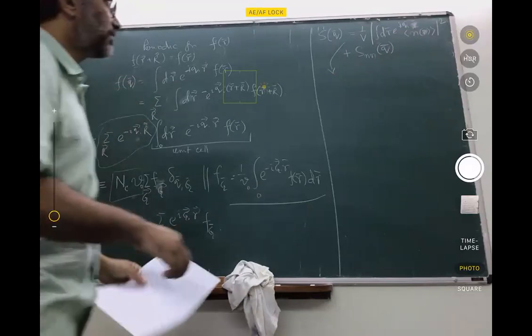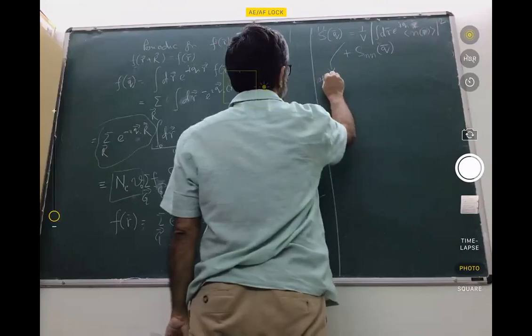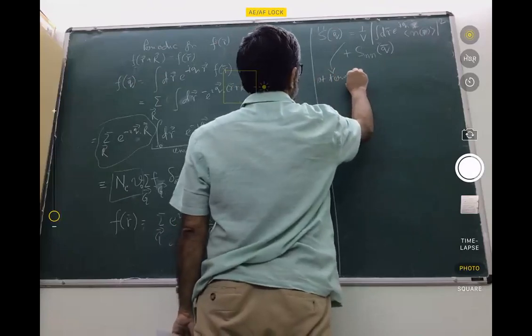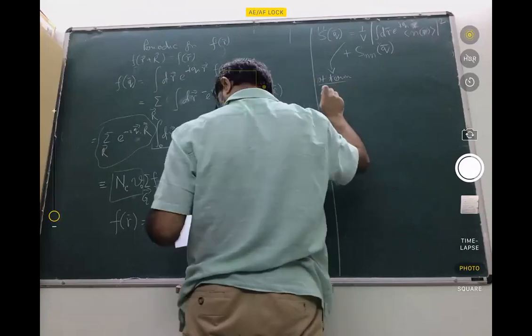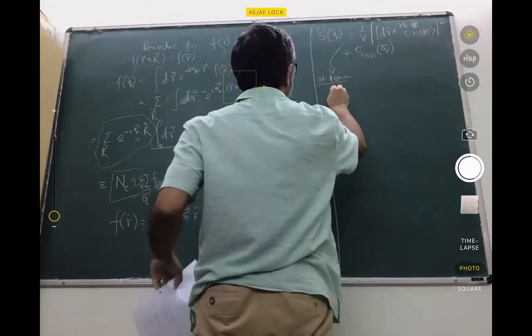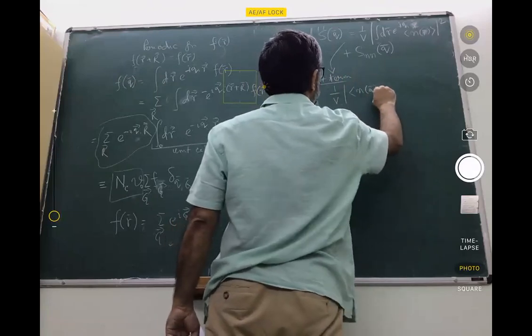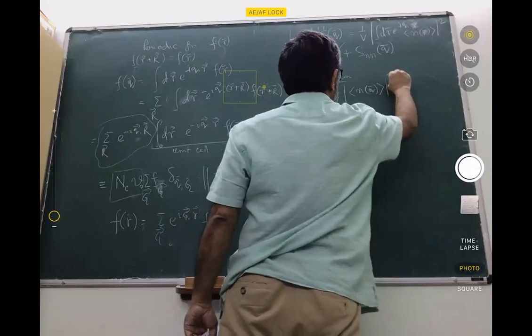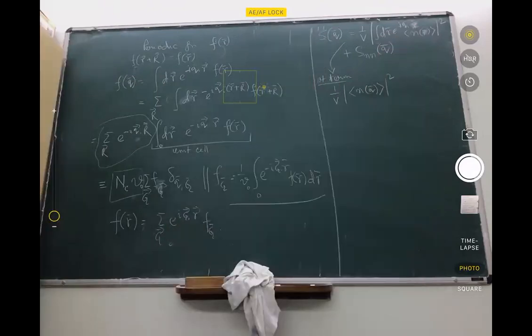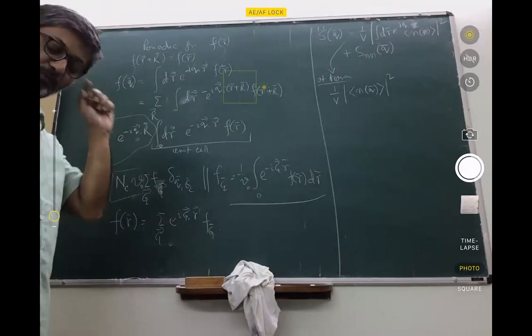So this is the first term. And N is a periodic function because my atoms are arranged periodically in my crystal. So therefore, N of Q would be non-zero only when Q is one of the reciprocal lattice vectors.